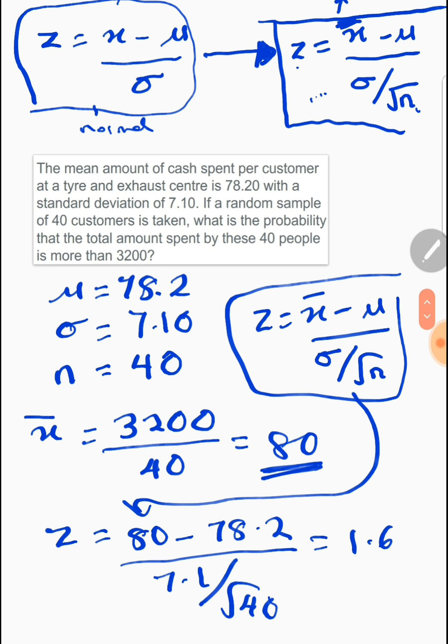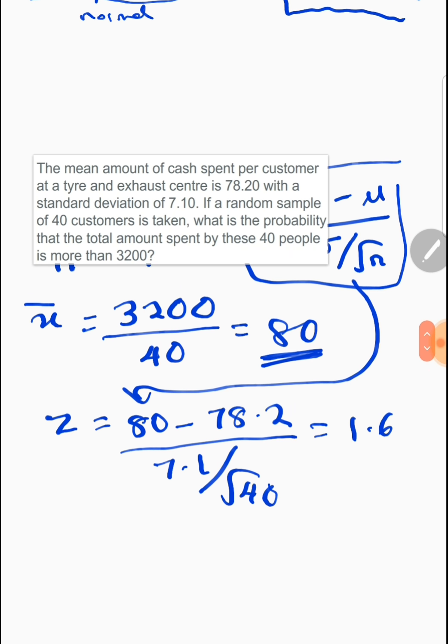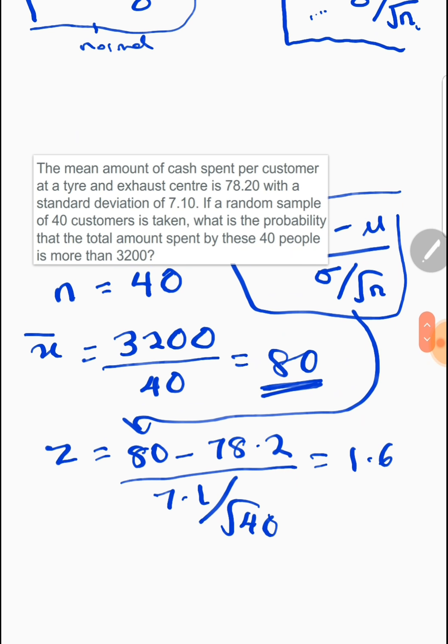This will give me about 1.6. And as usual, you go back to the Z table that you have. You're looking at the probability of people spending more than 3,200. So say this is 1.6.